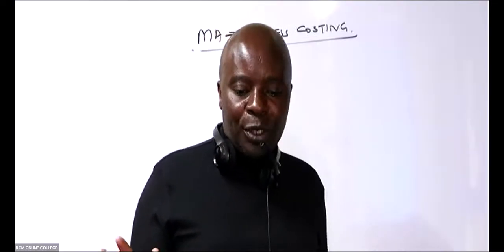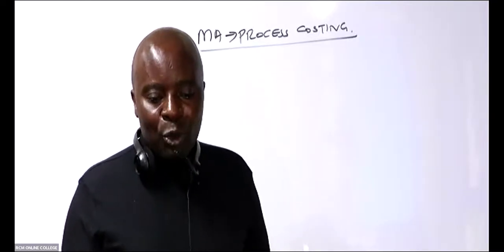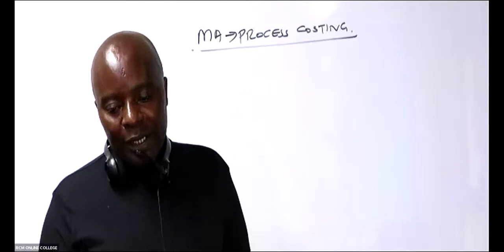And then, of course, the last lesson, which will be next week on Thursday evening, I'll be able now to do what we call work in progress, both closing work in progress and opening work in progress. Those are the only areas which are left. So let's see how far we can push this particular area in an hour.